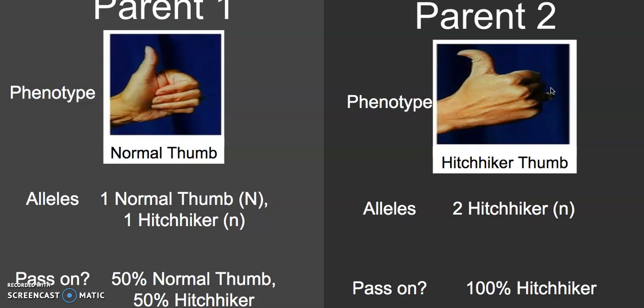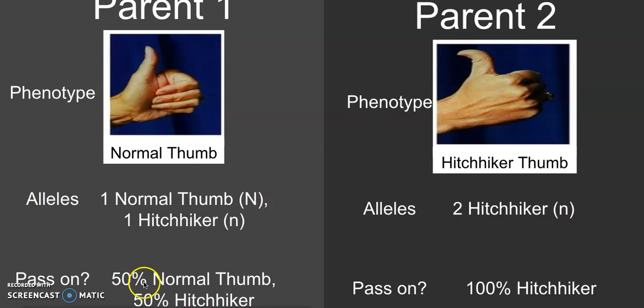So in this example, parent one is different. Parent one has a normal thumb, but since we know that normal thumb can be achieved in two ways, either by being homozygous with two normal thumb alleles, or heterozygous with one normal thumb and one hitchhiker allele, this parent has one normal thumb, one hitchhiker, heterozygous for this particular allele.